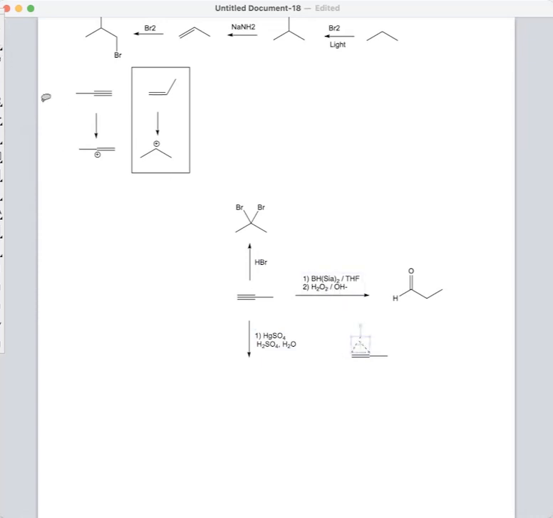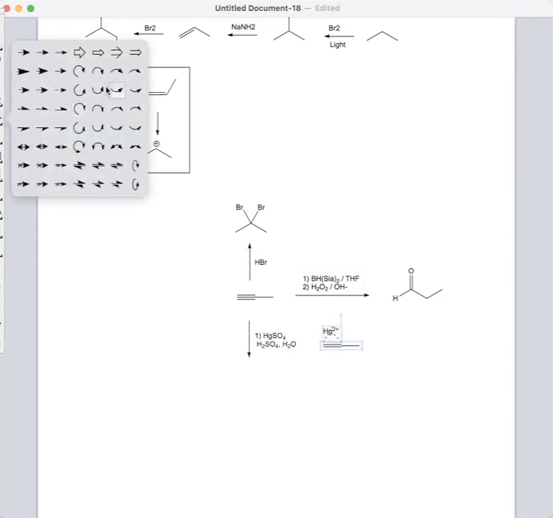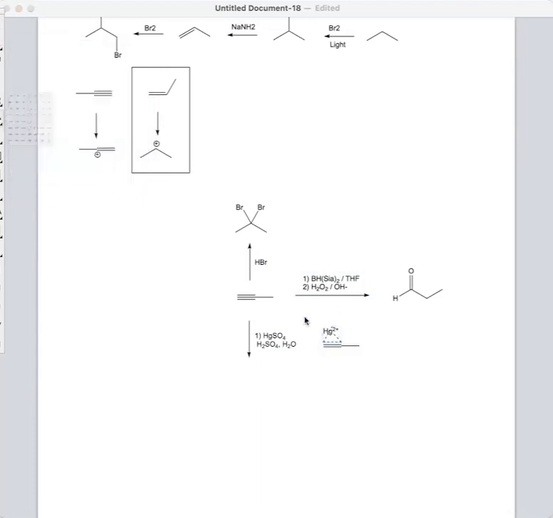So we got a mercurinium bridge here. In this case, we have H2O plus. And then the nucleophile, in this case, once again, water, for the same reasons as in oxymercuration, is attacking only the most substituted carbon of the mercurinium bridge, the carbon that is more electrophilic, the carbon with the highest partial positive charge.